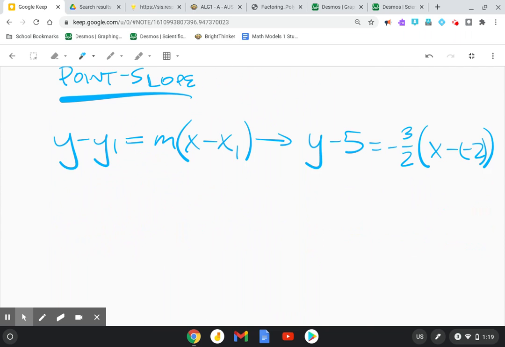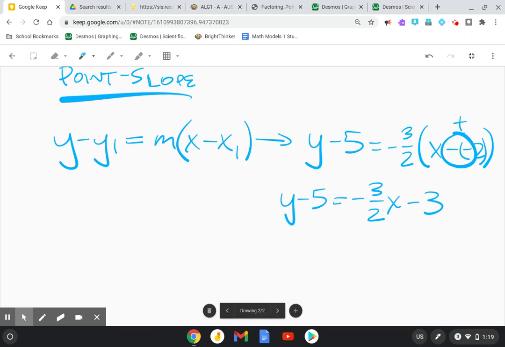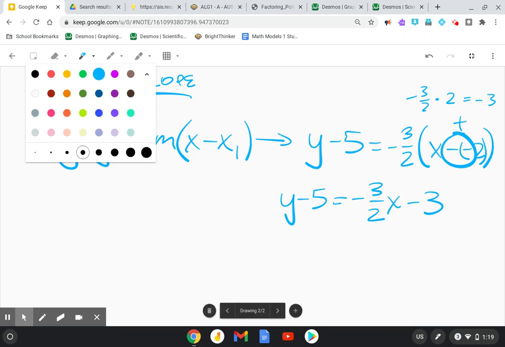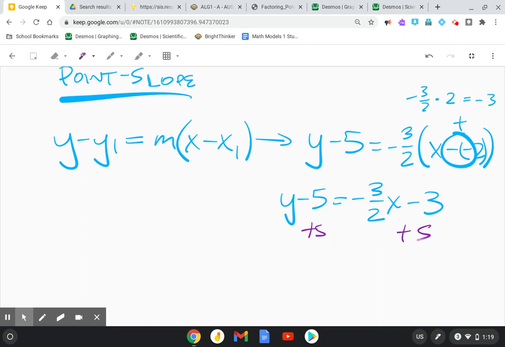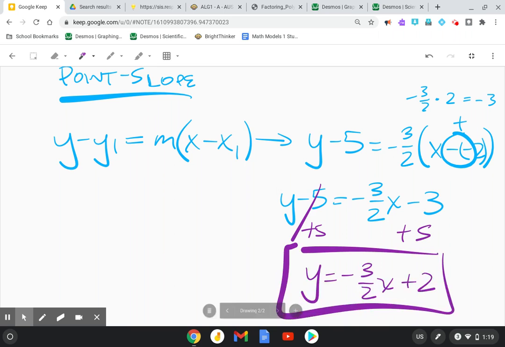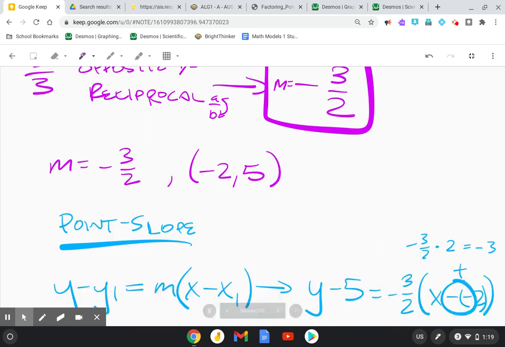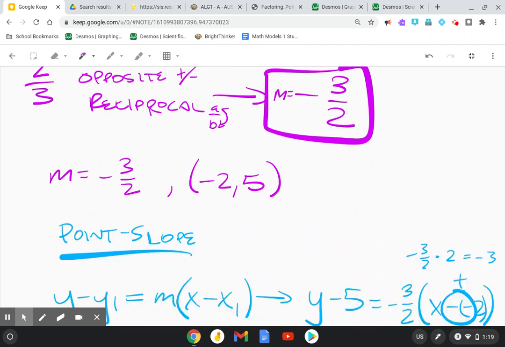Y minus 5 equals -3/2 x, and this is going to become +2, so it's going to be -3. You can do that in your calculator: -3/2 times 2 is -3. That's where we get that. Then we're going to add 5 to both sides. Y equals -3/2 x plus 2. And that is the line that is perpendicular to the original line.